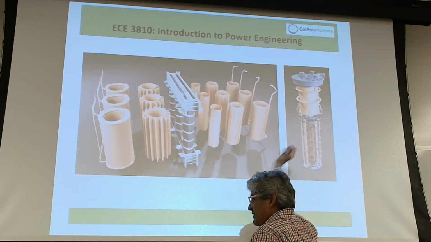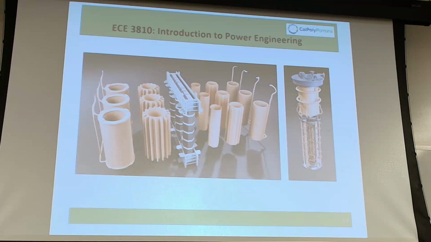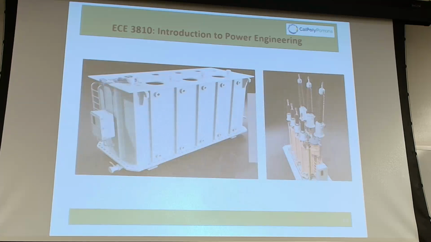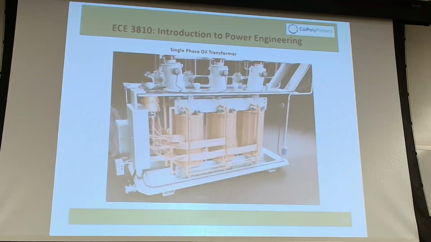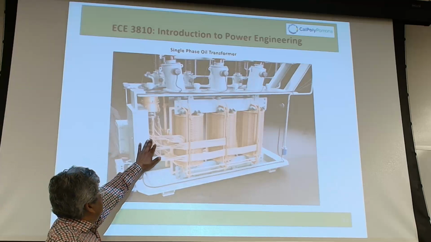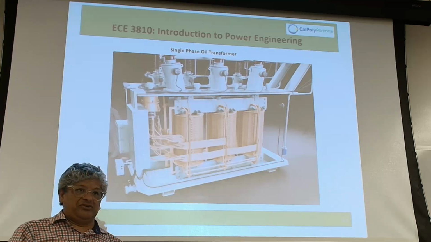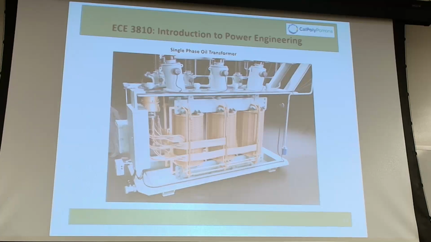This right here is a very important piece of a large transformer. This device right here is called a tap changer. Basically, we'll talk about that, but say for instance you have a transformer winding, and you can tap the winding.